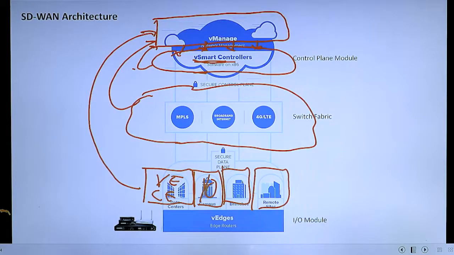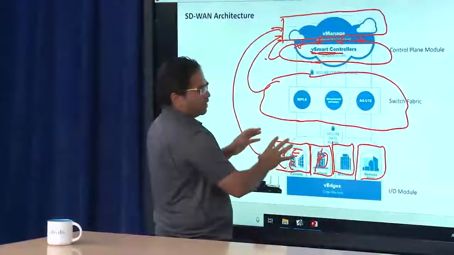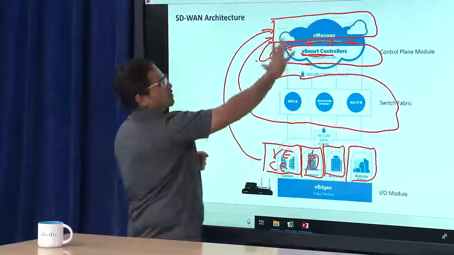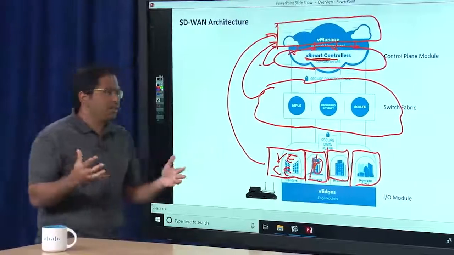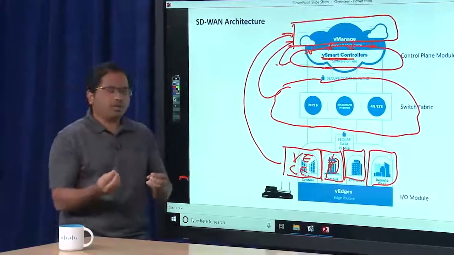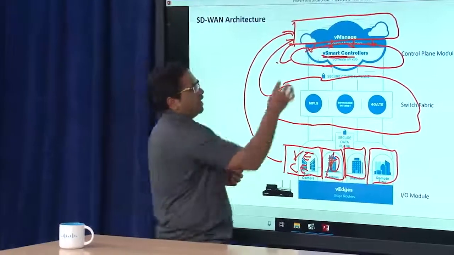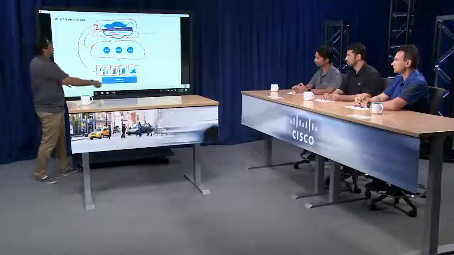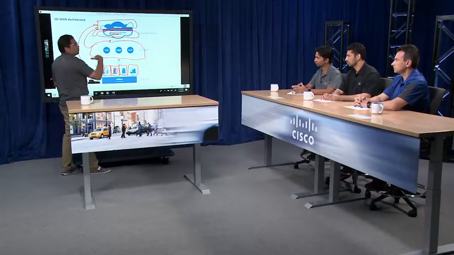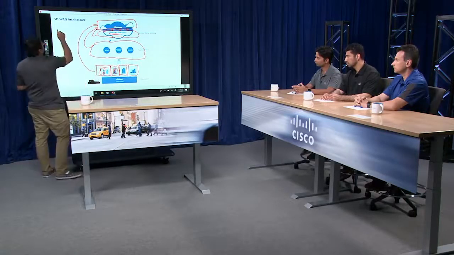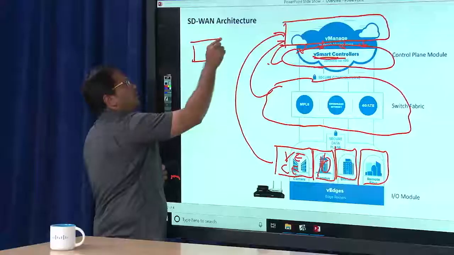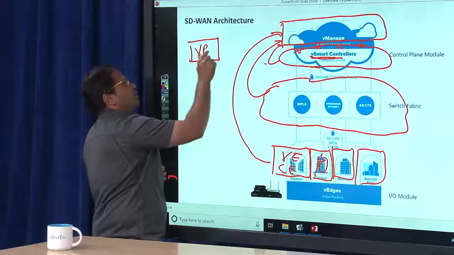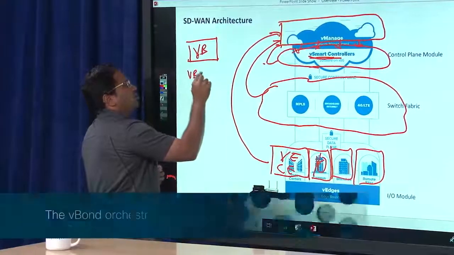Like you asked, Ali, now the edges reside somewhere in the internet. The controllers reside somewhere in the internet. We need one additional component to actually let the edges and the controllers know where they reside, because now this is a chassis distributed over the internet. So we bring in one more component we call the vBond.